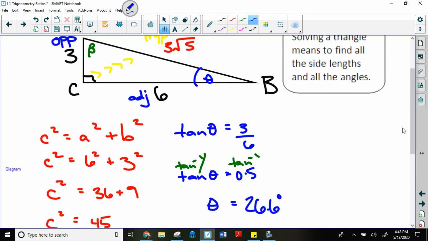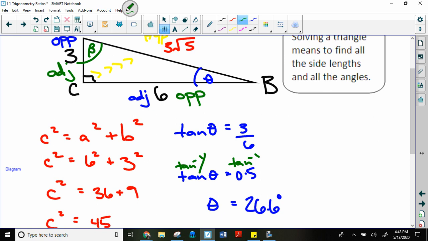Let's solve for beta. Again, we have to change our side names based on the given angle. So the opposite side of beta is right there, and the adjacent side of beta is right there. Hypotenuse just stays hypotenuse.